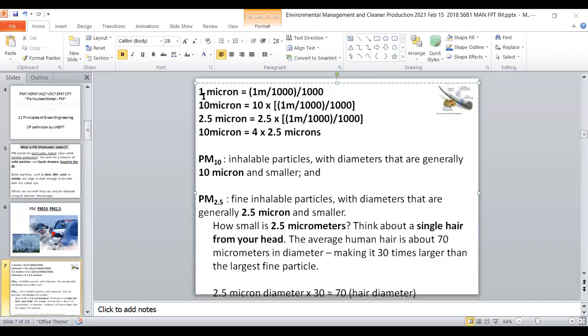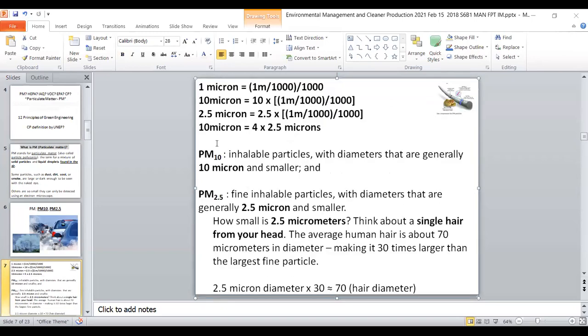So particulate matter, or the small particles, you are talking about in micron size. PM10 is inhalable, it can go into your respiratory system.